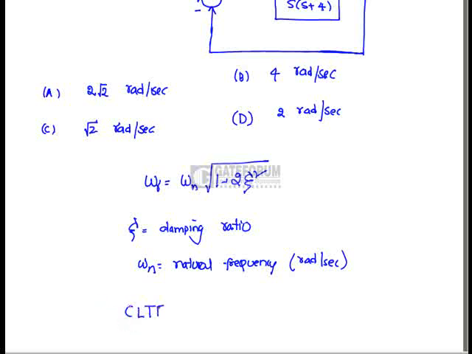Now the closed loop transfer function equals 16 divided by s square plus 4s plus 16, which is compared with the standard one.